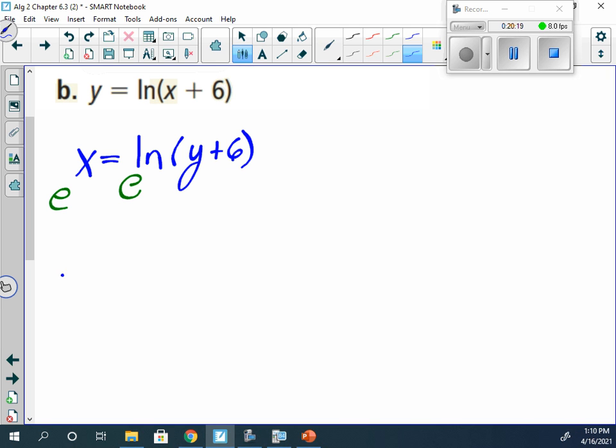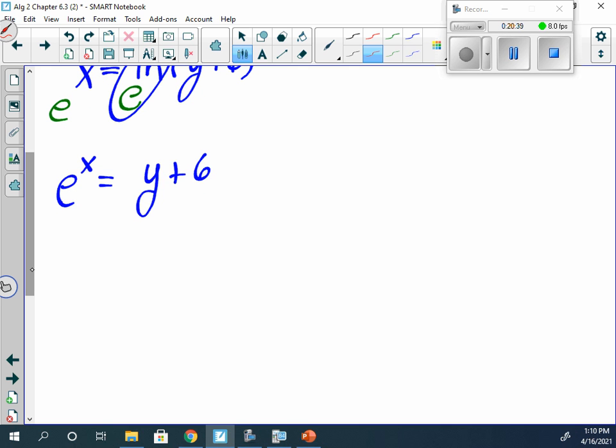Now on the one side, we do have e to the x is equal to, well, the natural log and e will simplify out completely. That's the reason why we use it, leaving us with just y plus 6.